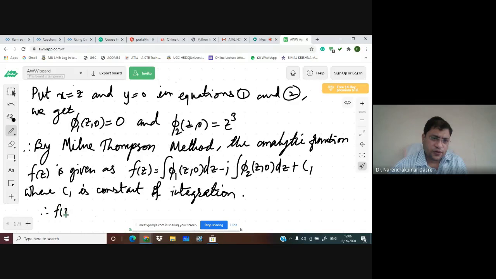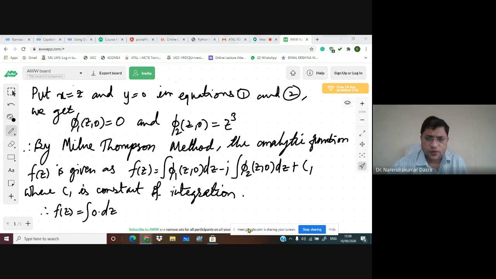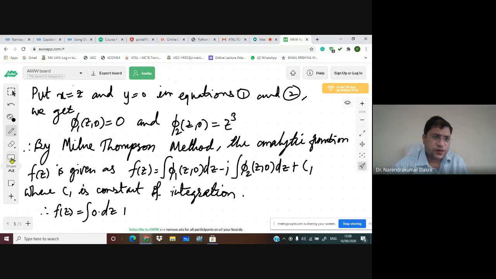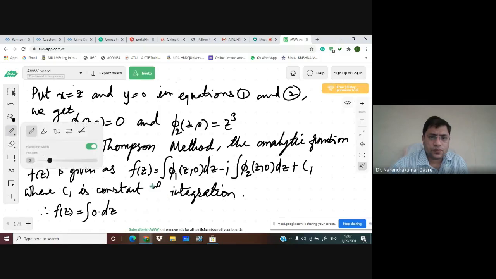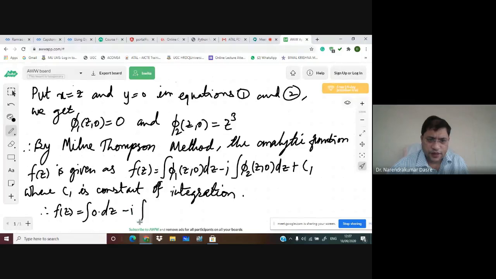So we can write f of z is equal to integral 0 dz minus i integration z cube dz plus c1. Now we have to evaluate this integral.